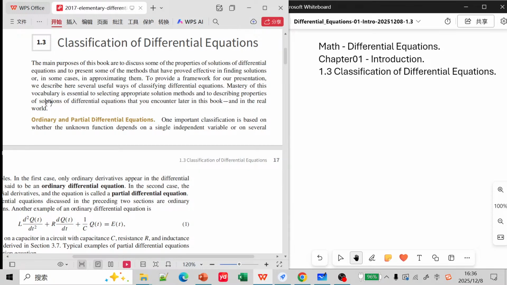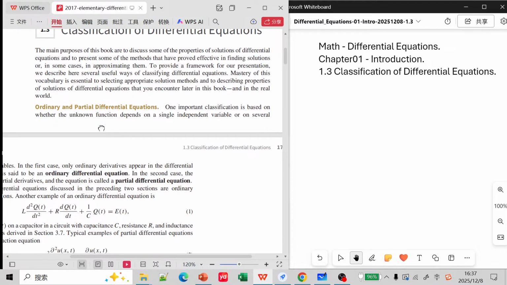Mastery of this vocabulary is essential to selecting appropriate solution methods and to describing properties of solutions of differential equations that you encounter later in this book and in the real world.